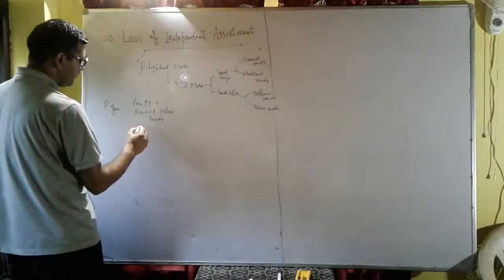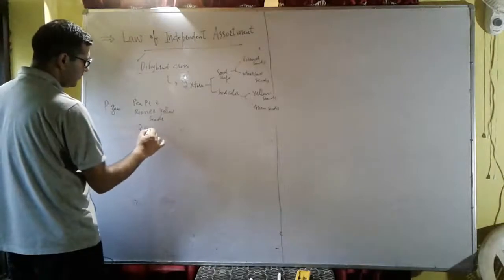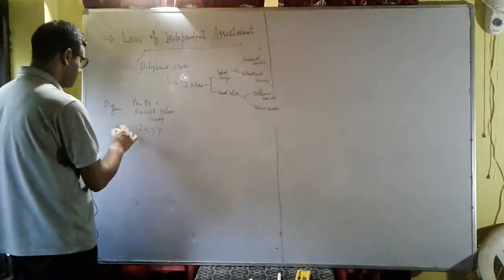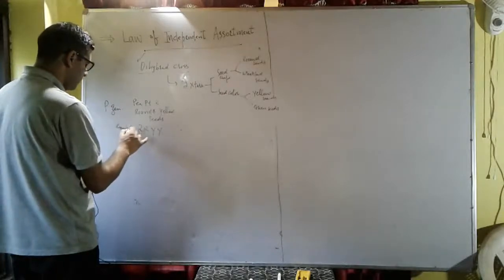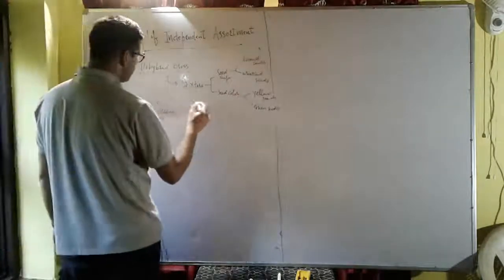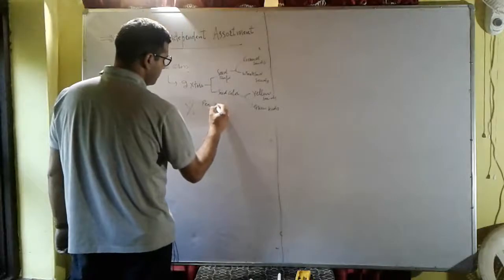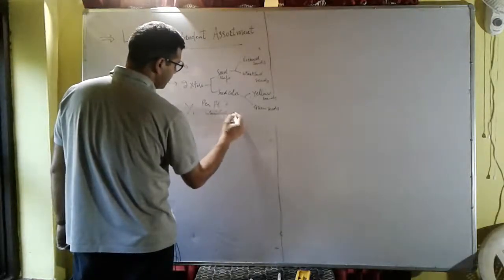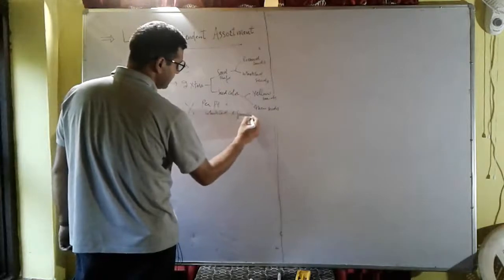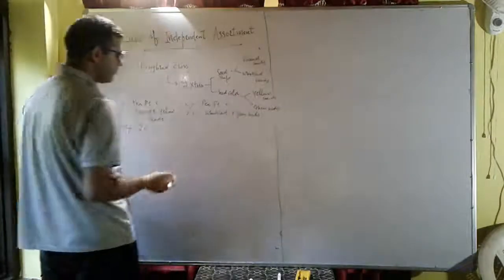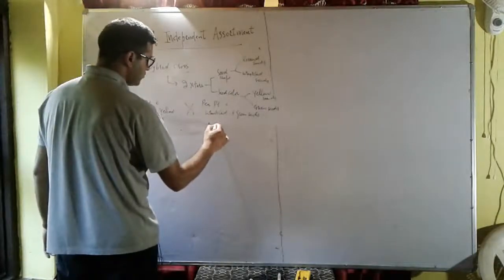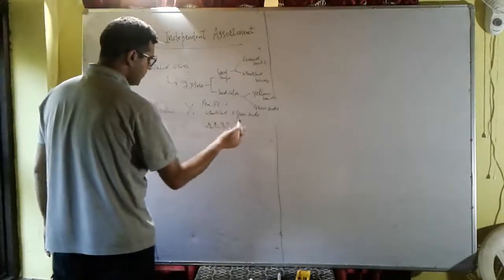So we have RR and YY genotype. This is the phenotype, and this is the genotype. It is crossed with a pea plant with wrinkled and green seeds. This is the phenotype of the individual. What is the genotype? Small r, small r, small y, small y.